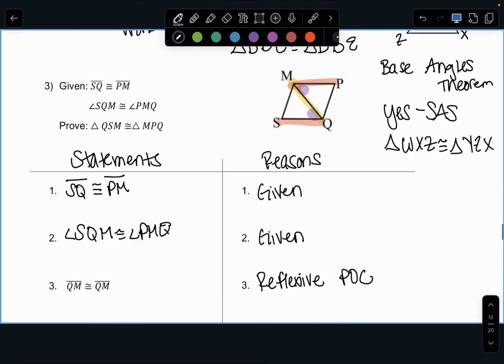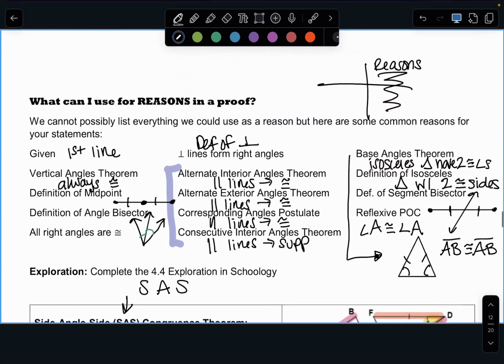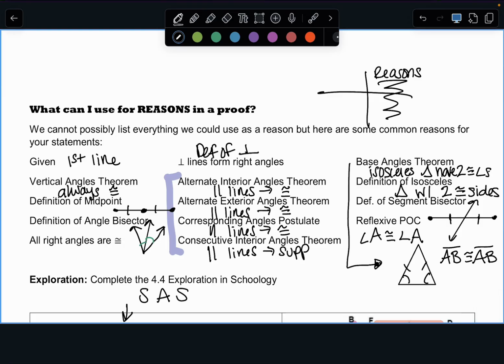Now, what up here in our reason bank do you think we could use to say that since this was a right angle and this was a right angle, they are congruent? Look at your reasons bank. What deals with right angles being the same? Perfect.